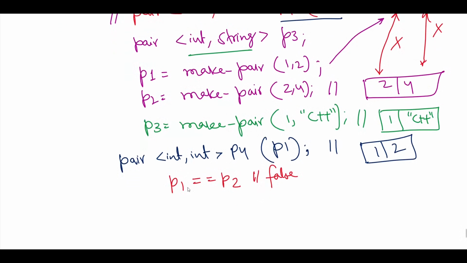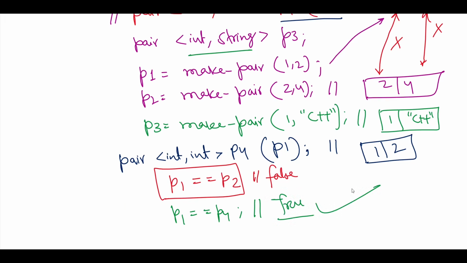But if you want to get true from this, then these values should be equal. So this is going to give us false. But if you compare p1 equal to p4, this is going to give us true. It is just because we have these two values equal in p1 and p4, right?